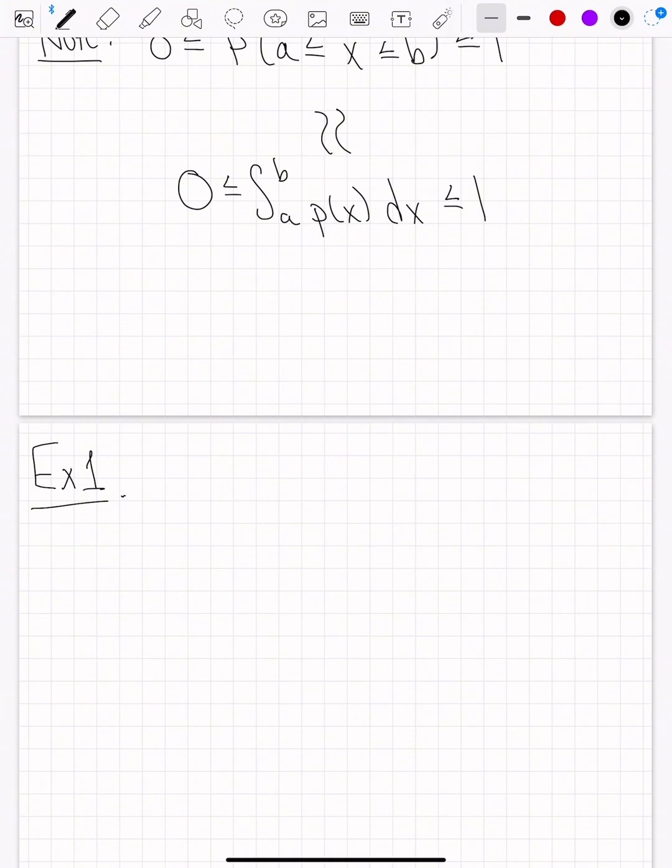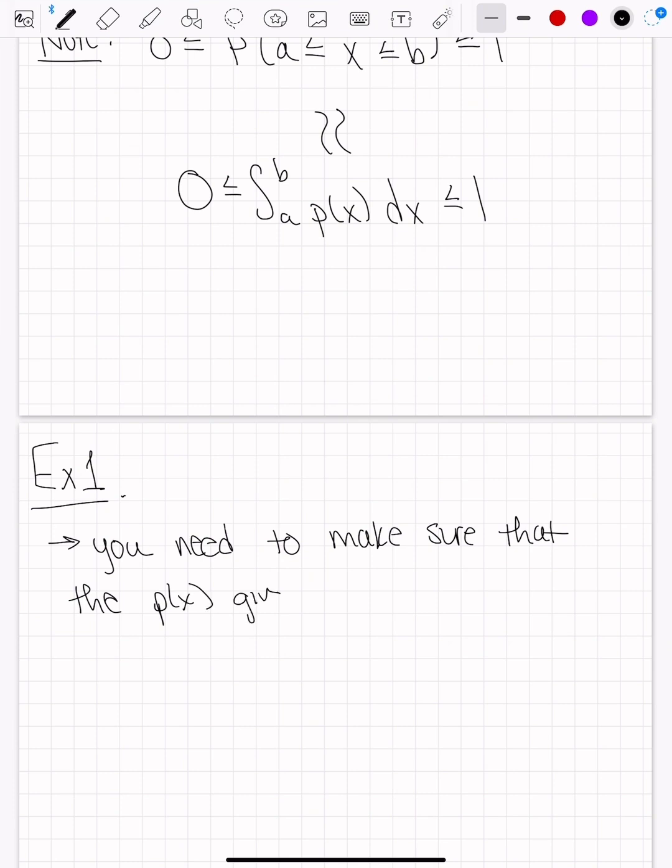So exercise 1, right, the first hint is going to be that you need to make sure that the p of x given satisfies all of the properties discussed, right?